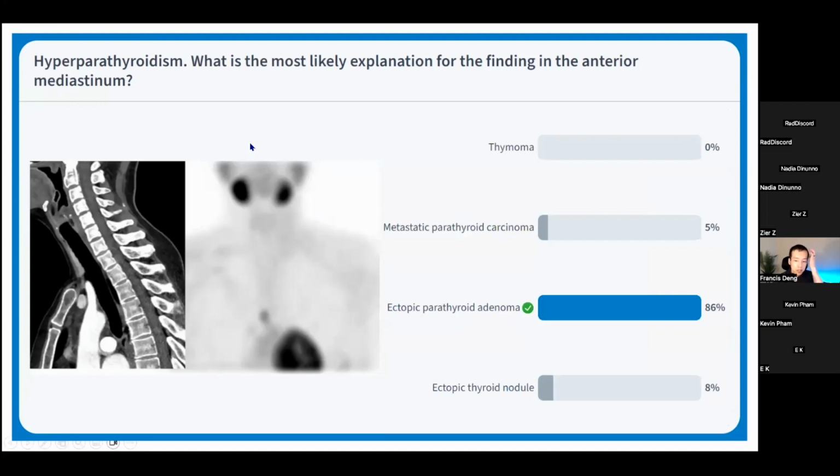Oops. You guys are so good. A vast majority of you got the right answer, which is ectopic parathyroid adenoma. So what are we seeing here?